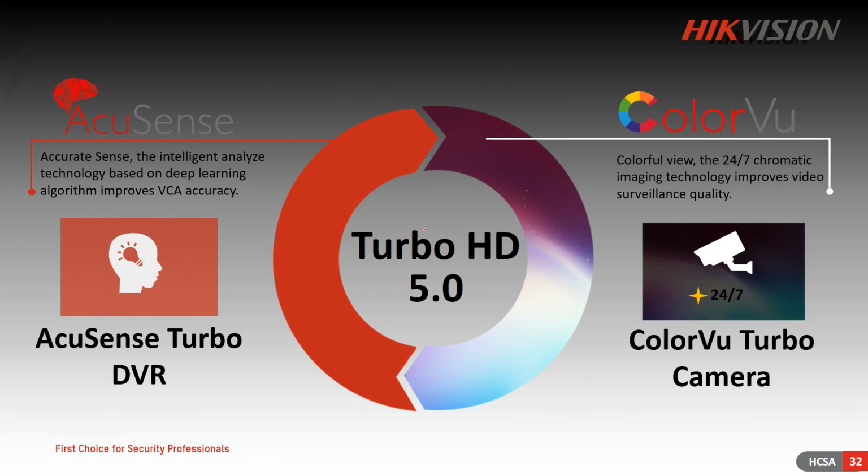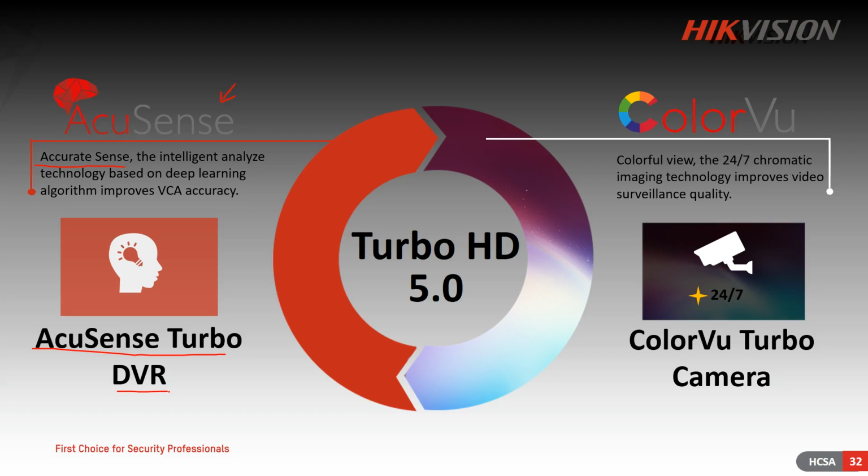There are two sub-series in the Turbo HD 5.0 series. The first one is AccuSense. AccuSense is a short name for accurate sense, which means the AccuSense Turbo DVR is going to have a deep learning algorithm built inside, so it's going to distinguish objects, like if the object is a human or a vehicle or something else.